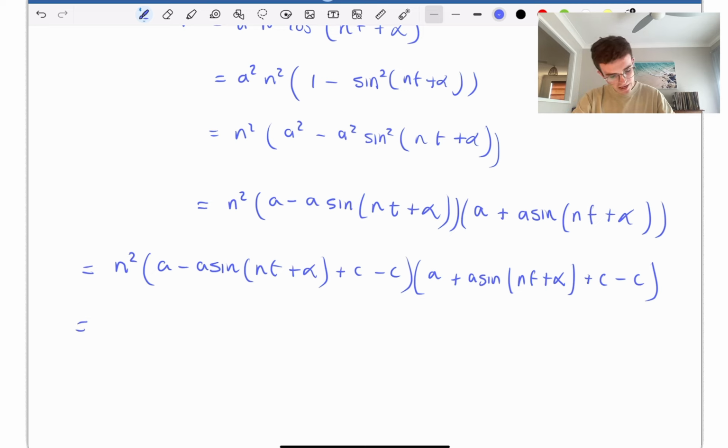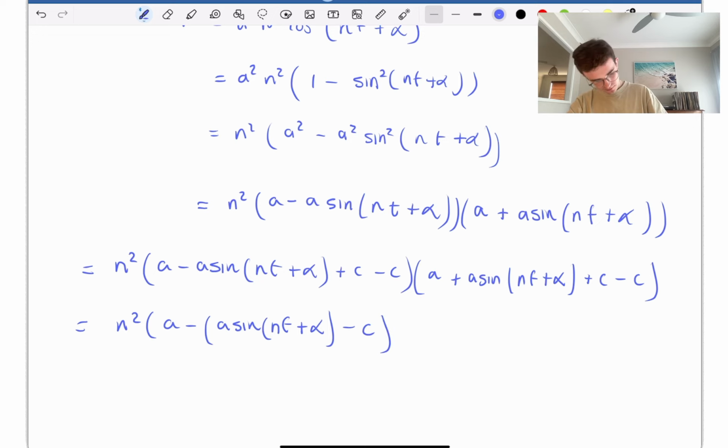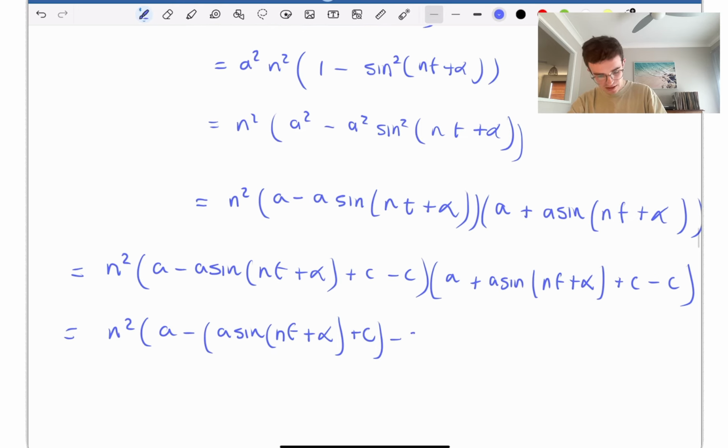All right, so we've got n squared a. Now we're going to have to pull out a negative from here, so this is going to be a minus (a sin(nt + alpha) plus c) plus c.